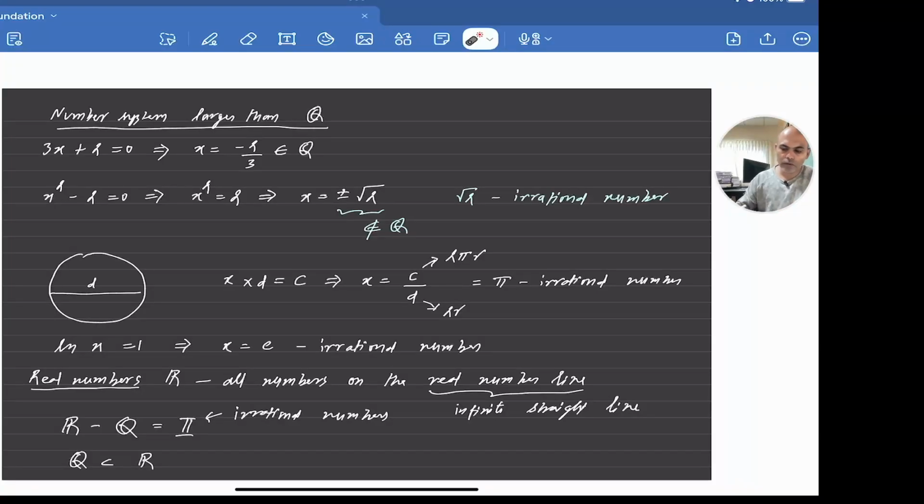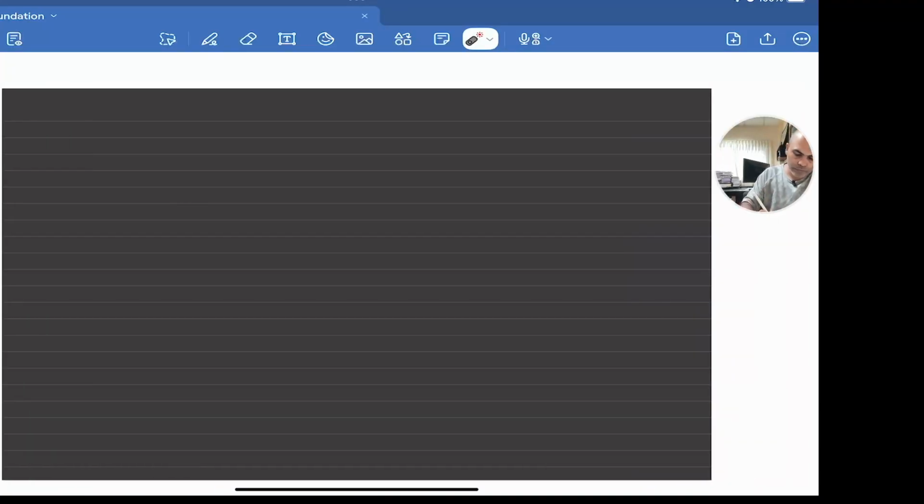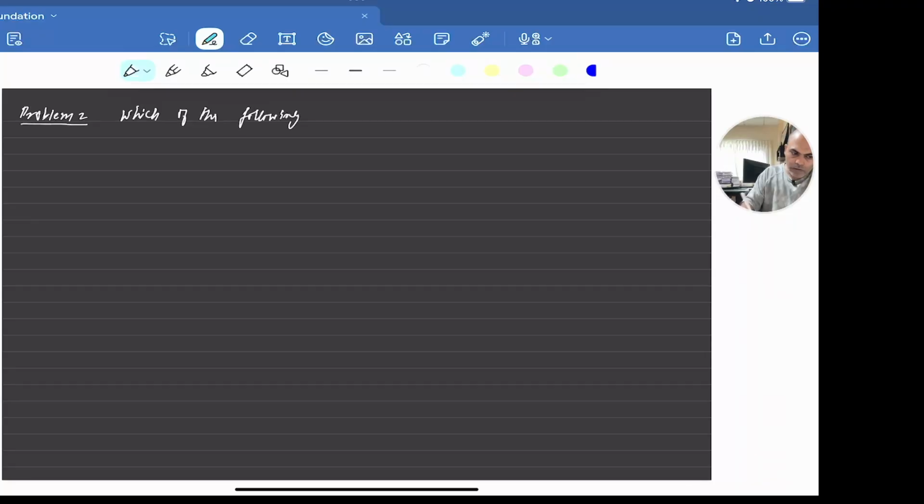Now let us do another problem. Problem 2. Which of the following sets form number systems? Which of the following sets are number systems?